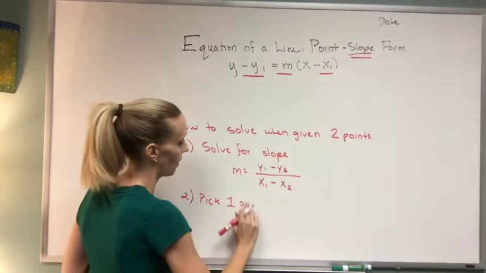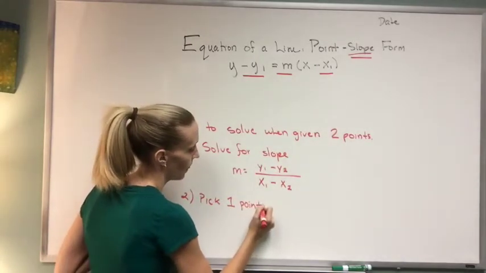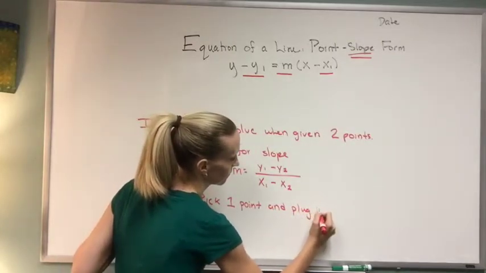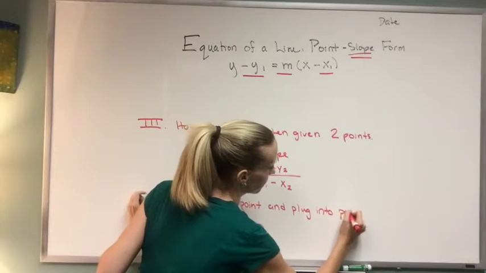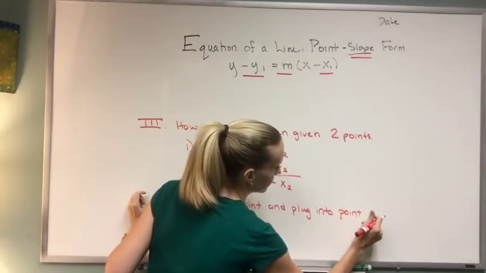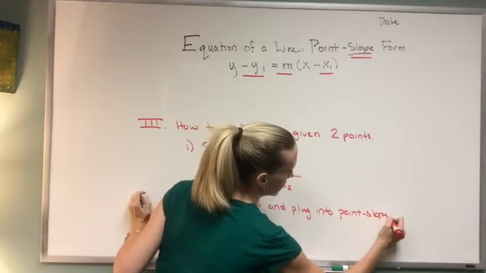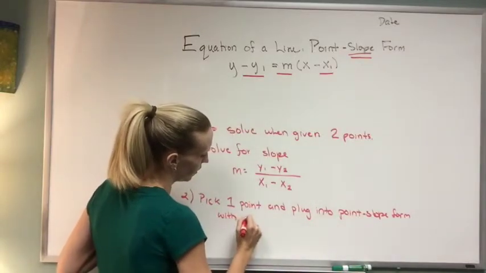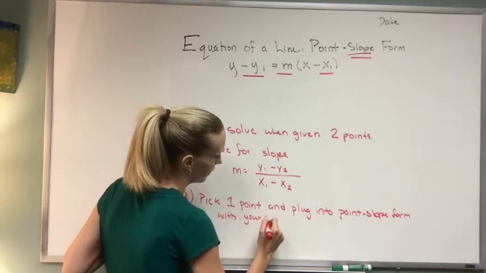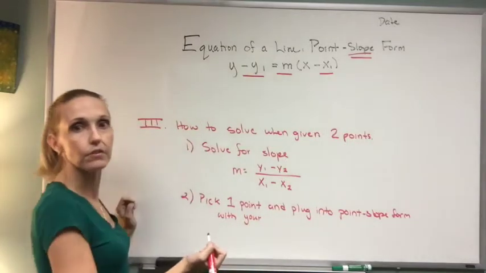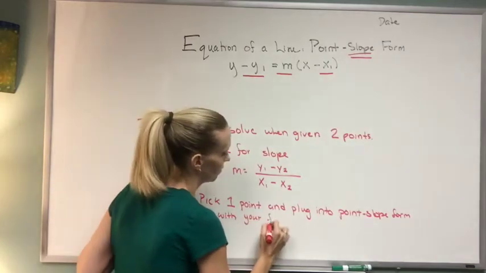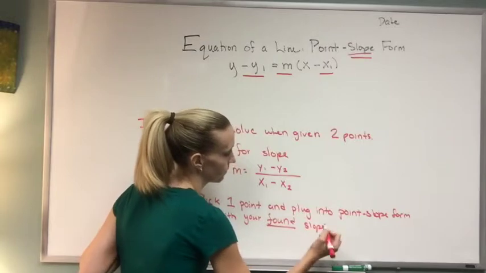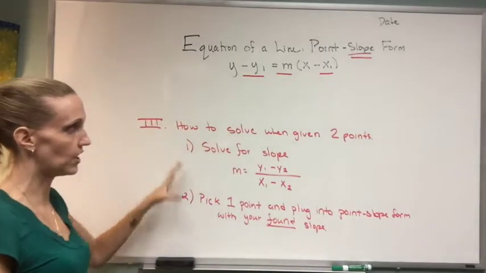Pick one point and plug it into point slope form with your found slope, because you just solved for it. Okay, so those are our steps.